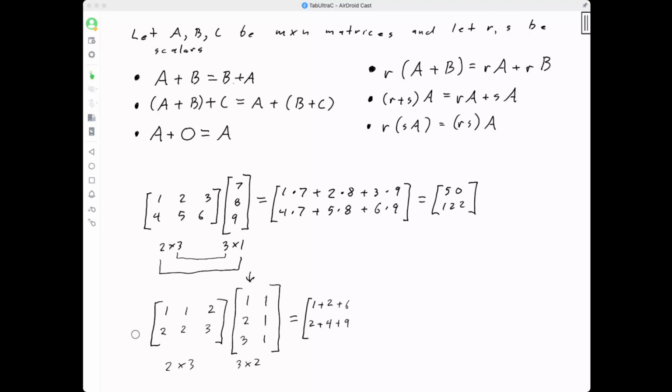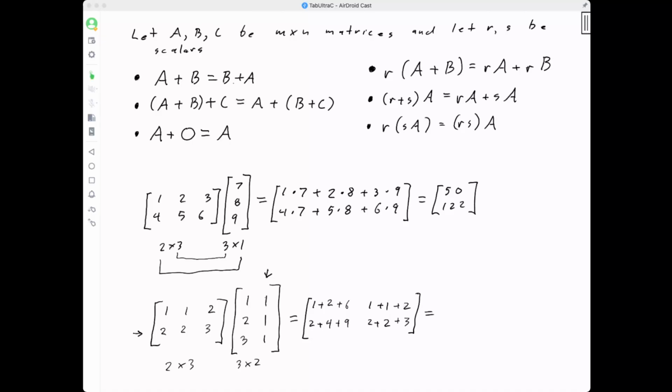And then we redo it using the second column vector. So I get 1 times 1 is 1, plus 1 times 1 is 1, plus 2 times 1 is 2. And then the second row, I get 2 times 1 is 2, plus 2 times 1 is 2, plus 3 times 1 is 3.